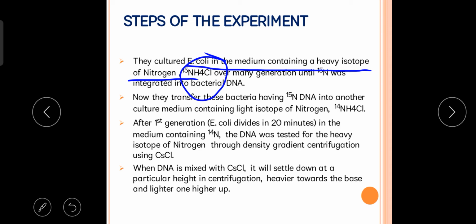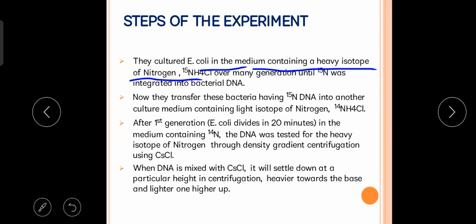Remember, Meselson and Stahl cultured normal fresh E. coli bacteria in the nutrition medium containing the heavy isotope of nitrogen, 15N. The heavy isotope is 15 and the light isotope is 14.